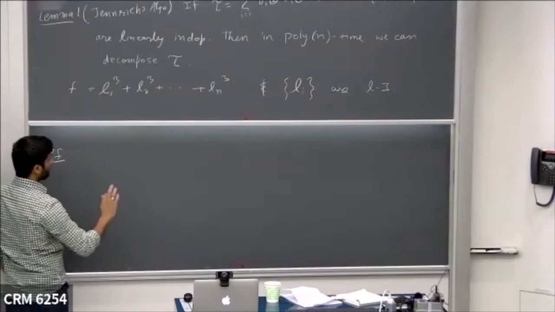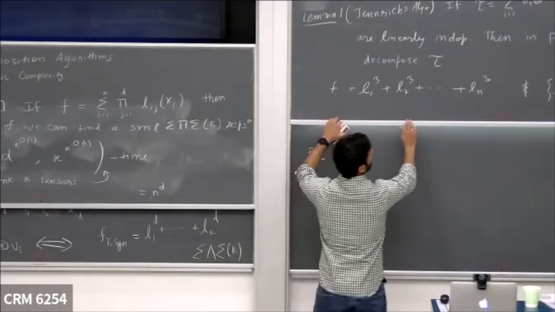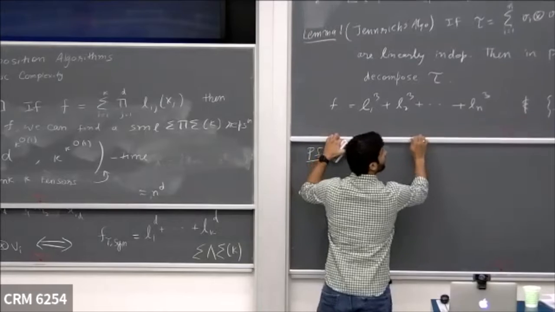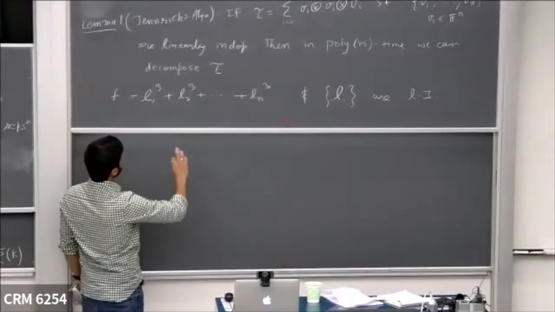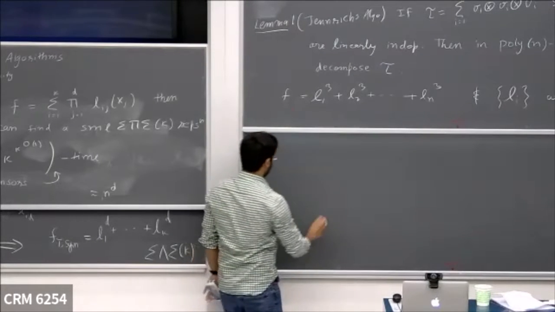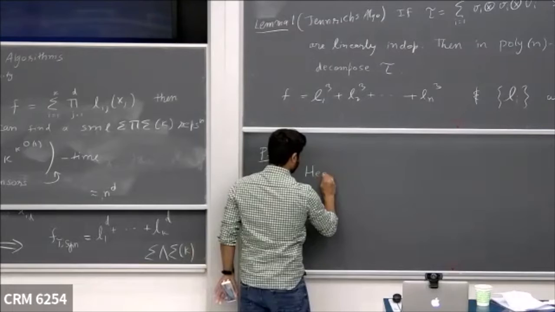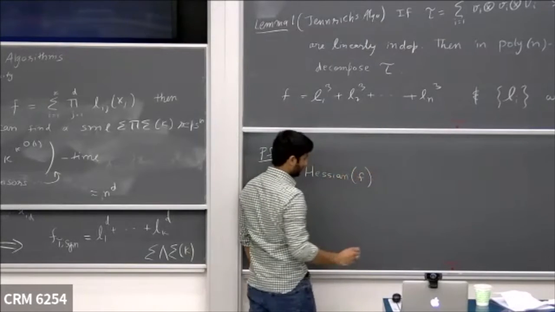So what's the dimension of this tensor? The format? Yes, okay. So we have black box access to this polynomial f. We look at the following matrix. It's known as the Hessian of a polynomial f. What is this?